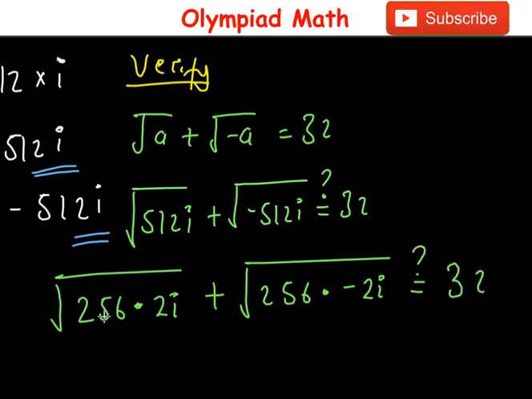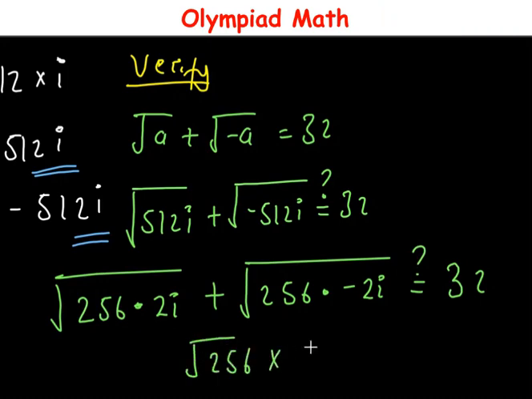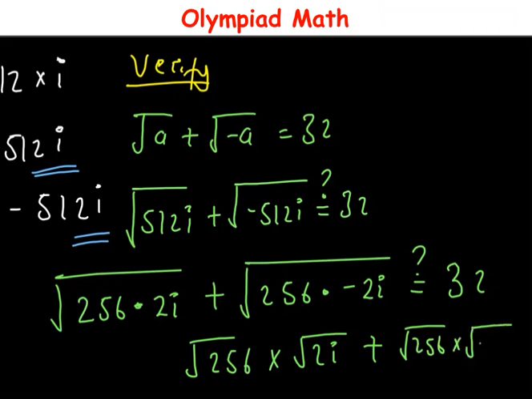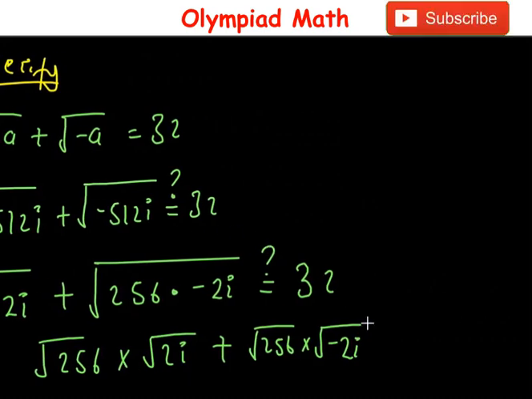So from here, this can be written as root 256 times root 2i, plus root 256 times root minus 2i, and will this equal 32?